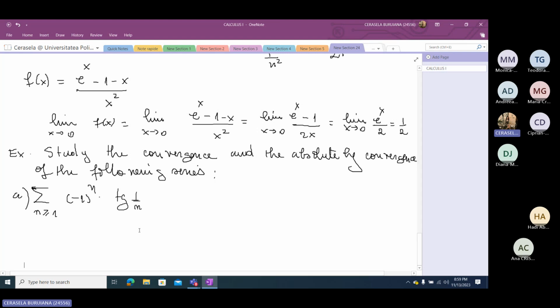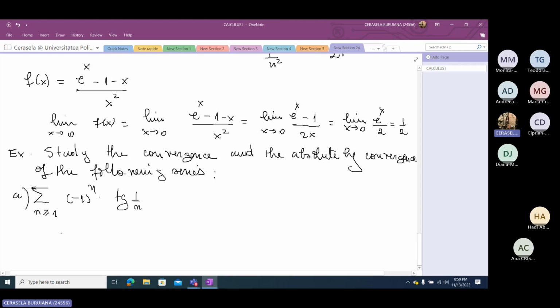If you remember from the seminar, I advised you to start with the absolute convergence first, because if we are lucky and it's absolutely convergent, remember that it's also convergent, but that's not a rule. It's not a rule to be absolutely convergent each time, because look at this exercise.